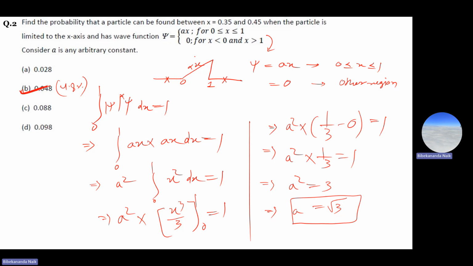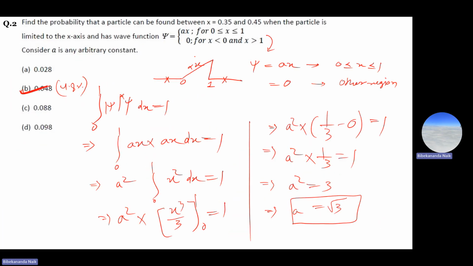But the wave function is increasing linearly, so if you calculate the probability between 0.65 to 0.775, it will be greater than 10%. The probability also increases linearly, because the mod of the wave function gives us the probability of finding the particle.